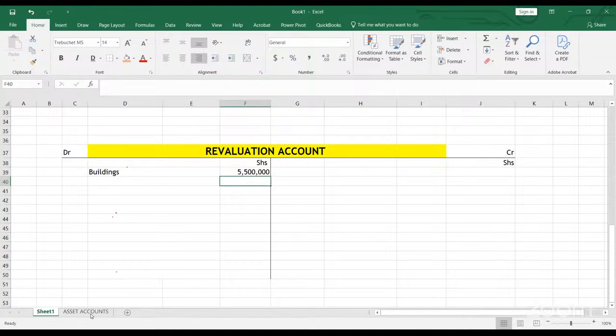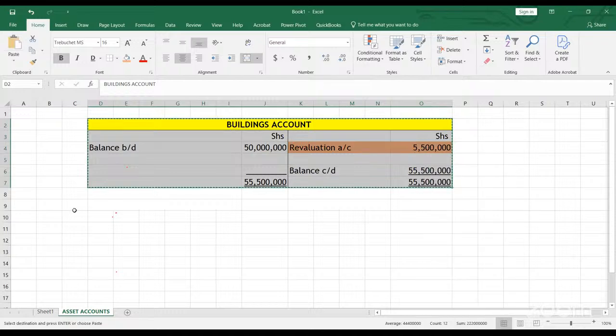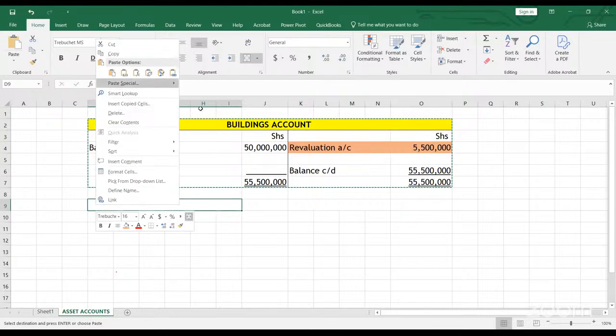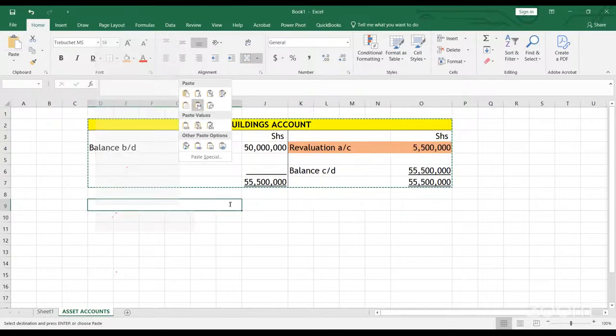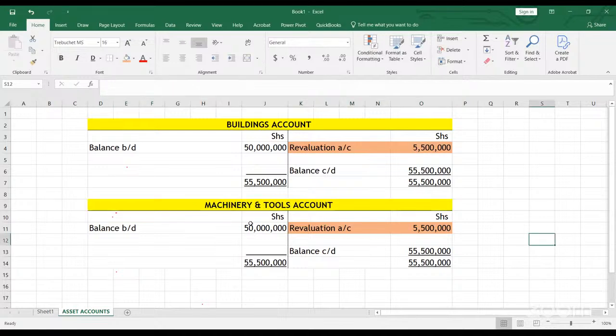What else was revalued? Machinery and tools. Machinery and tools have been revalued.